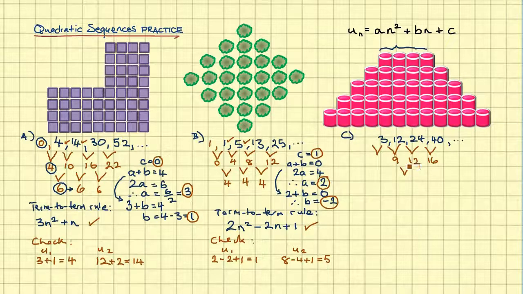Let's just do these differences here. 24 subtract 12 gives me 12. So the difference between 12 is 3. What's going on here? 40 subtract, and that would be 4. So that's not right at all.